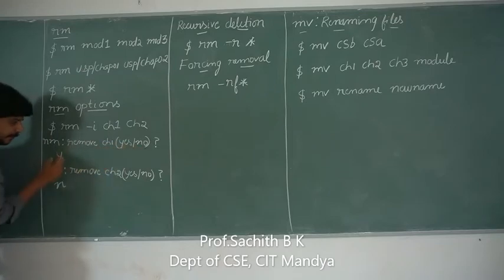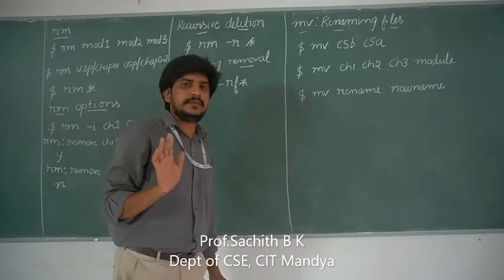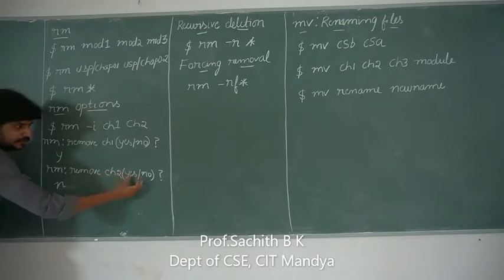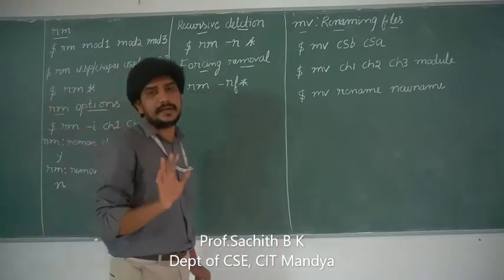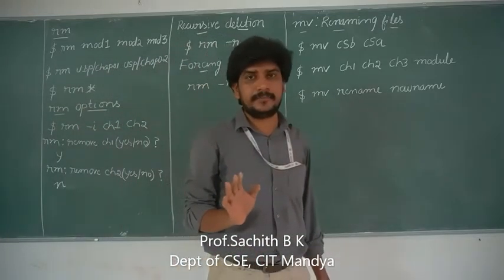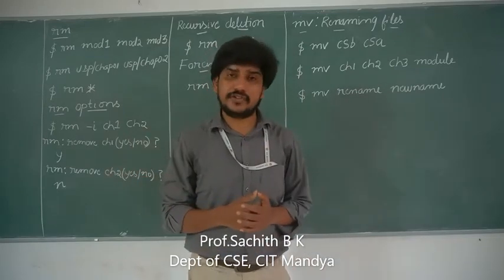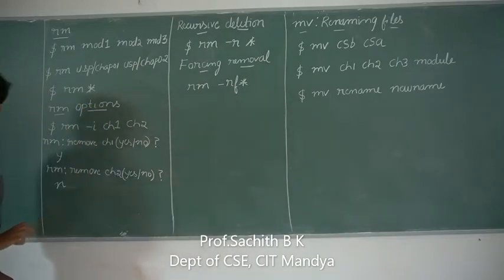Then if the user presses y, ch1 gets deleted. In a similar manner, rm will again post another question, remove ch2. If the user presses any key other than y, then ch2 won't be deleted. So this is how you can have interactive deletion with the help of an option called -i.